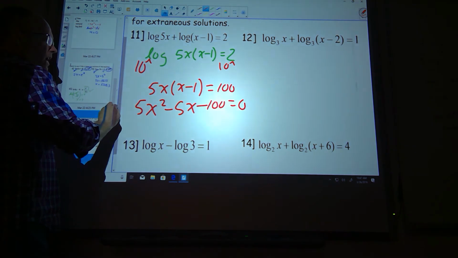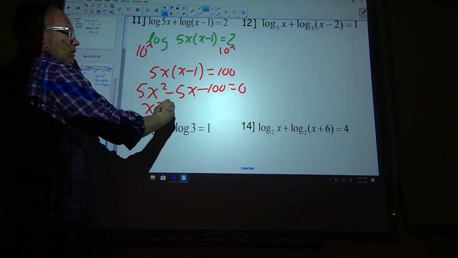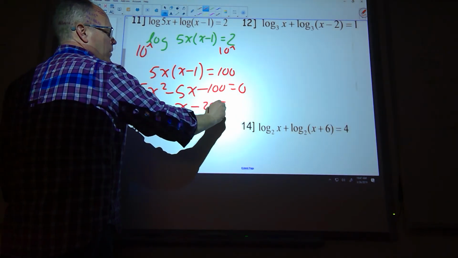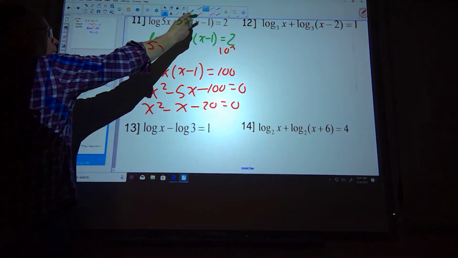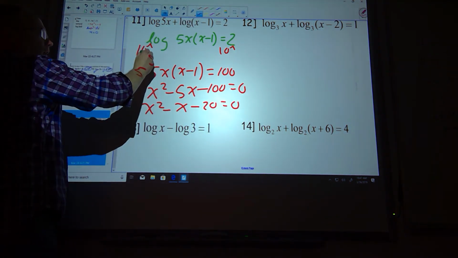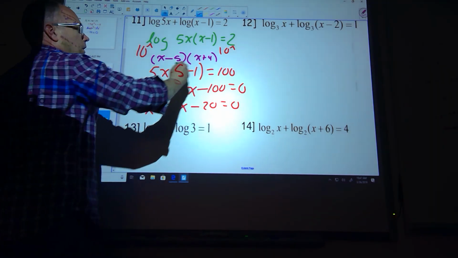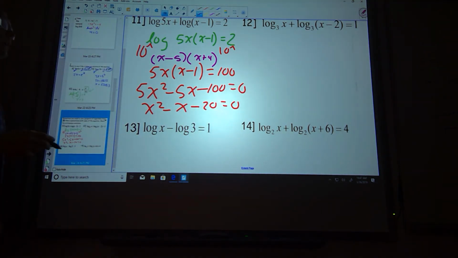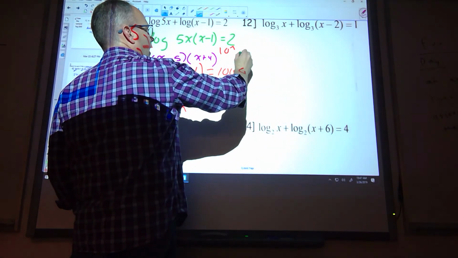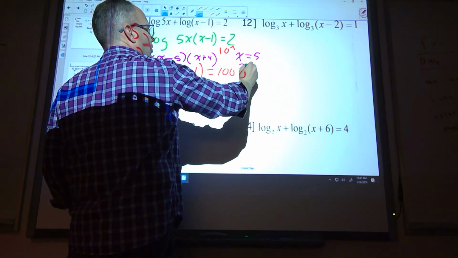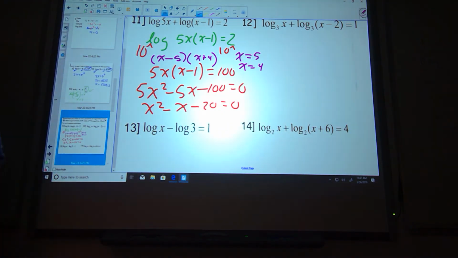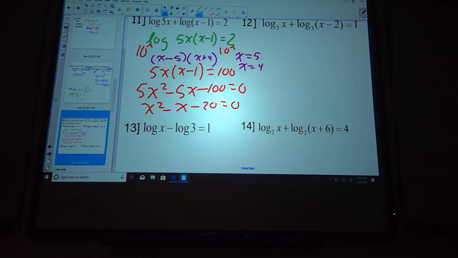Divide everything by 5. If I factor that, it's going to wind up being x minus 5 and x plus 4. So my solutions look like x equals 5 and x equals negative 4. Now what did I say in the beginning about logs and natural logs? Can I take the log of a negative number?